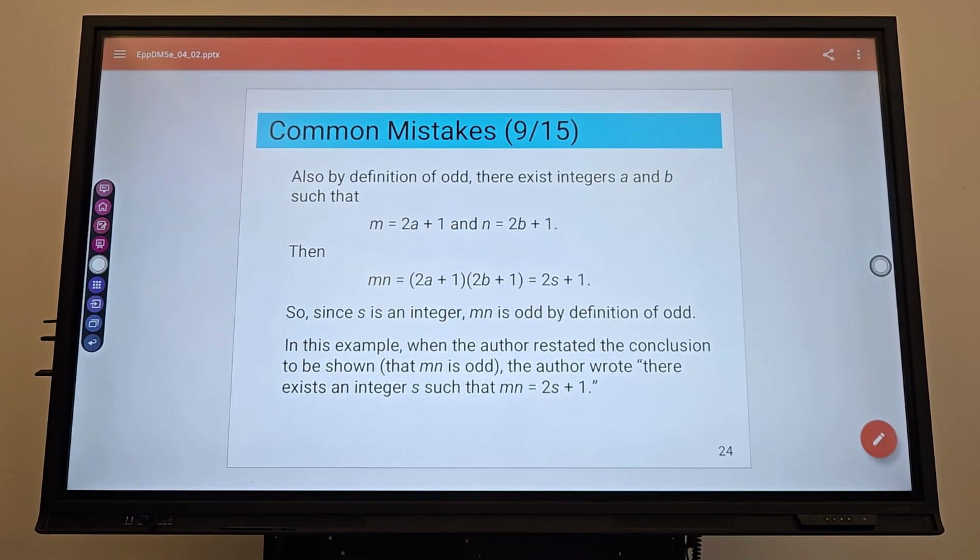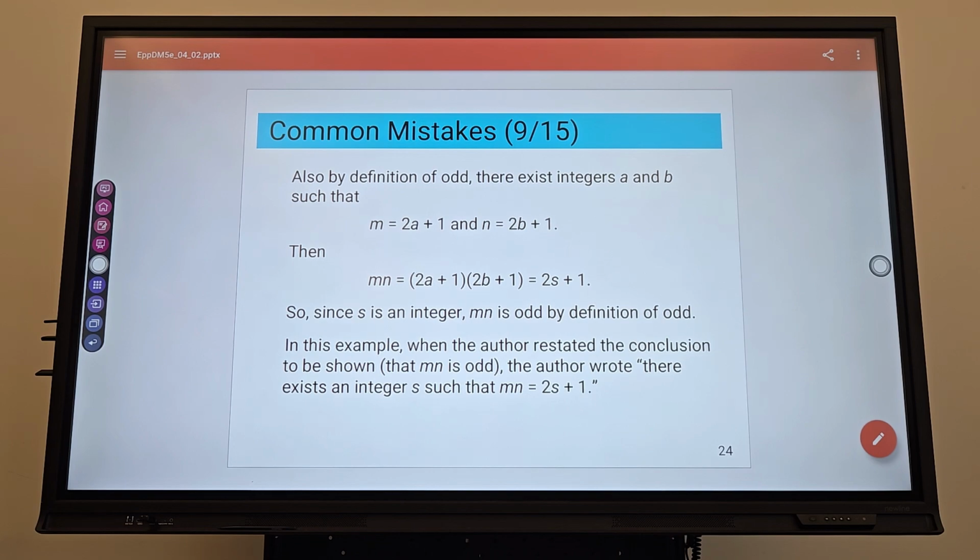But also by definition of odd, there exist integers a and b such that m equals 2a plus 1 and n equals 2b plus 1. Then m times n equals (2a plus 1) times (2b plus 1) equals 2s plus 1. So since s is an integer, m times n is odd by definition of odd.